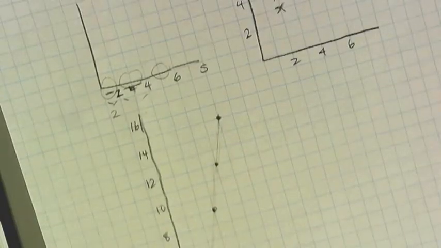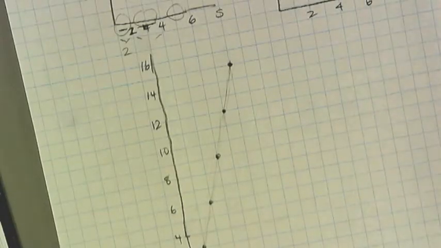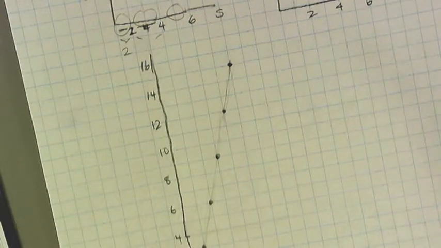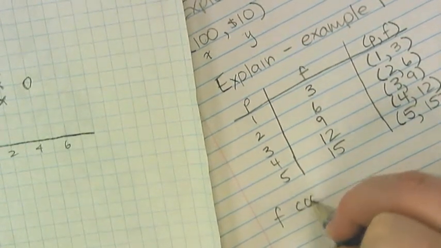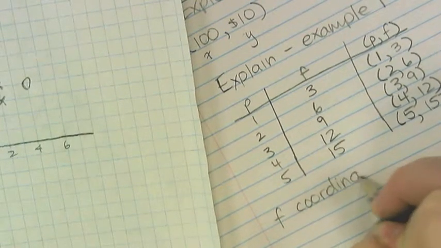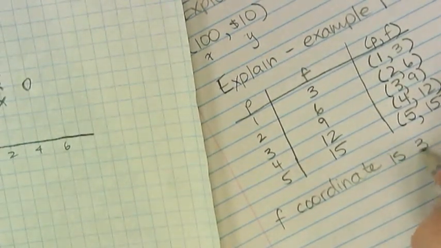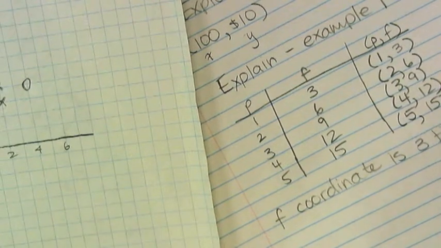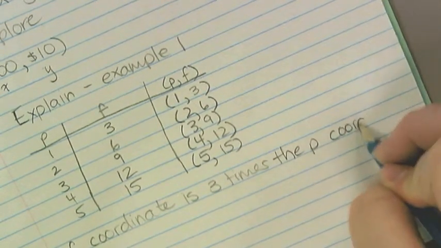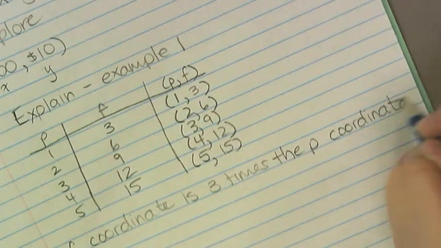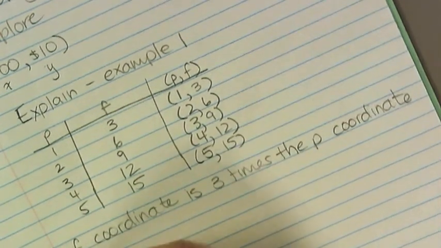Right. So the F coordinate is 3 times the P coordinate. One way of describing it.